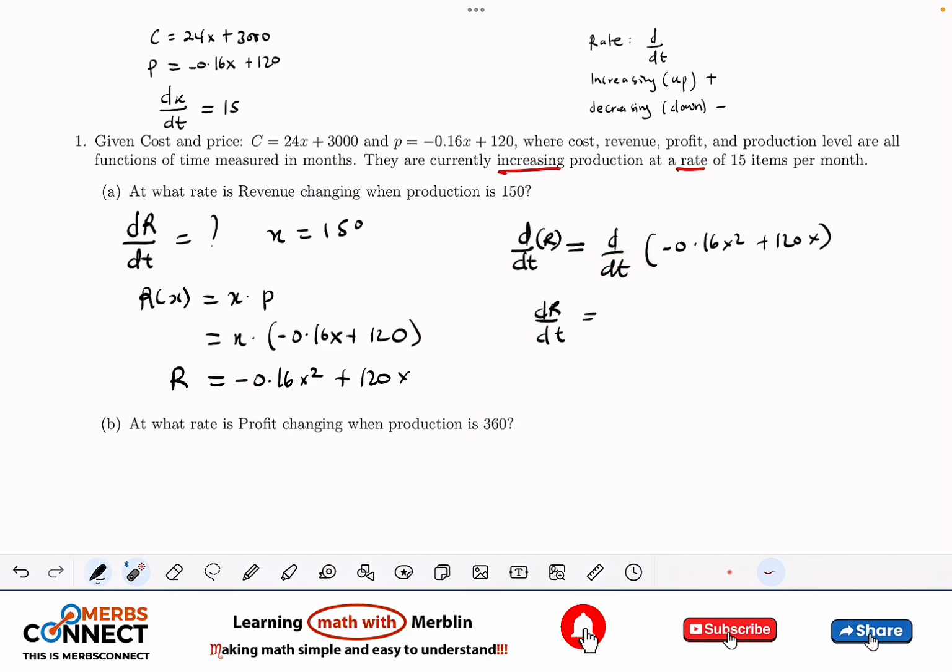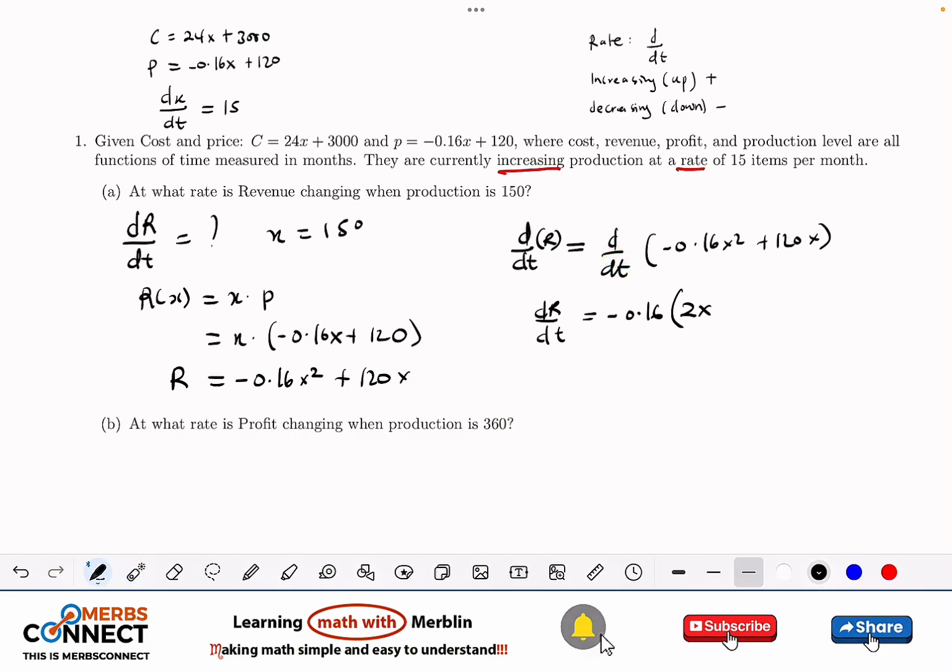So see what I'm going to do. When I factor 0.16 out, now I need to differentiate x squared. So when you differentiate x squared, don't think about it here. What is the normal derivative for differentiating x squared? We differentiate x squared, we get 2x. But here, we are differentiating with respect to t.